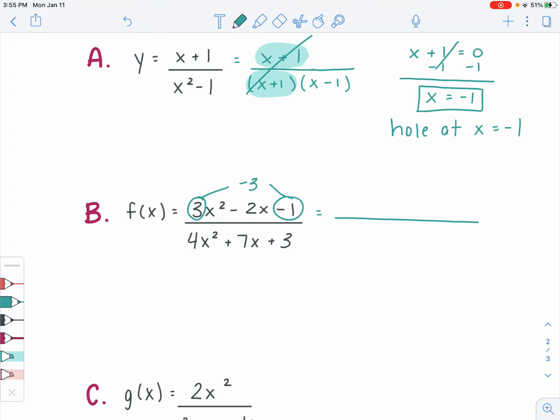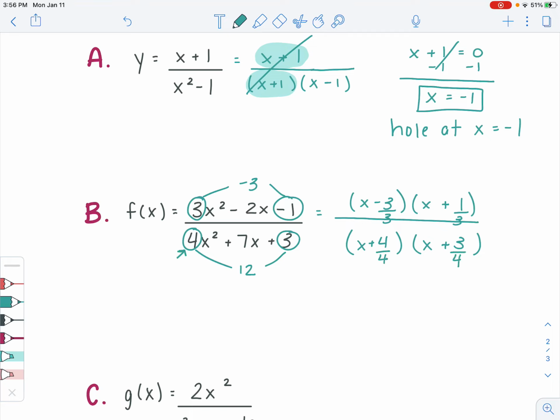Factors of -3 that add to -2 would be -3 and +1. But since I multiplied my factors by 3, I need to divide them by 3. I've got to do the same thing in the denominator, except now I'm doing 4 times 3, which is 12, and I need factors of 12 that add to 7, so I'm going to use 4 and 3, positive, positive. Here I multiplied by 4 to get these factors, so I need to divide them by 4.